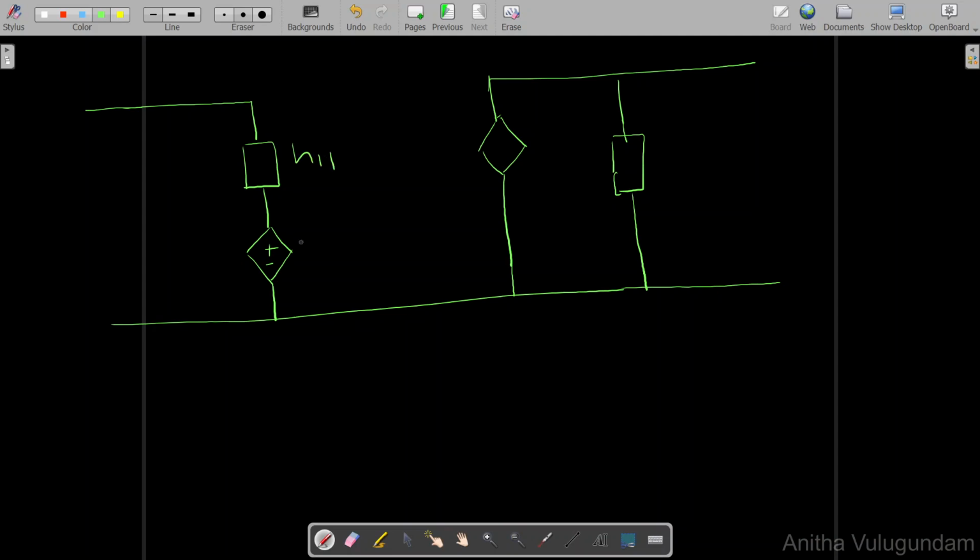This is H11, H12 V2. And this is H21 I1, and this is H22, I1.